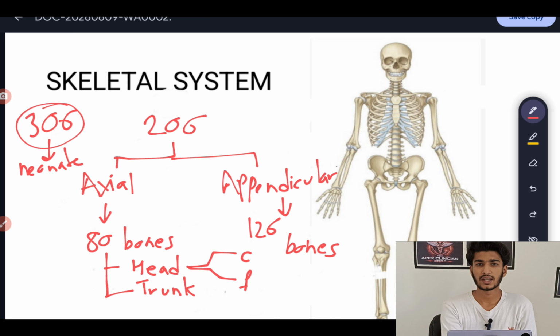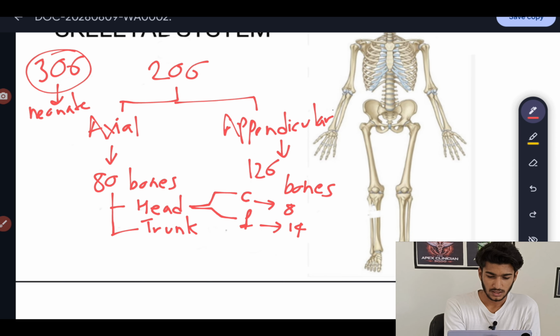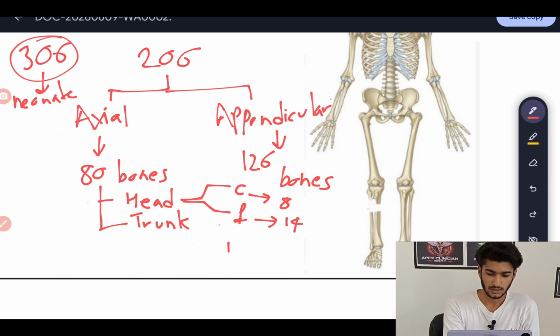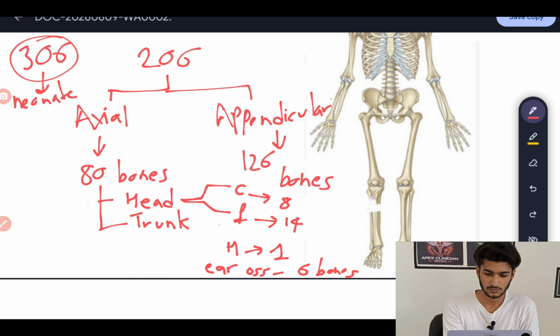And then you can again appreciate in the skull the hyoid, which is one bone, and the ear ossicles, which are six bones, three each in the right ear and left ear. The cranium consists of eight bones, and the facial part consists of 14 bones. This is all about the head part.